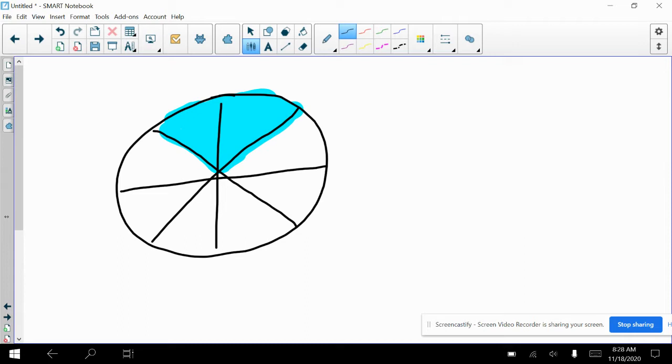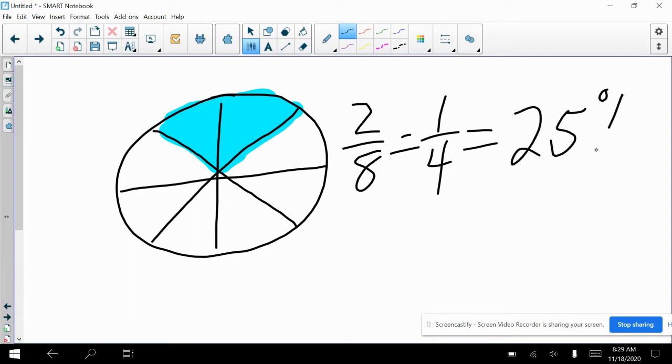Michael? Very good, sir. 2/8, which is equal to 1/4, which that's a flashcard, which equates to what percentage? Very good. So you can see how we can equate our flashcards, hint, hint, because those are really going to come in handy, to a percentage.